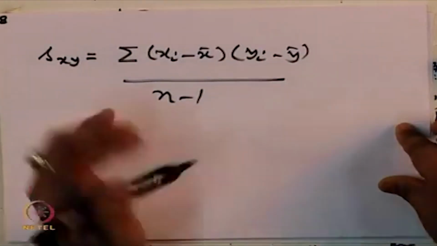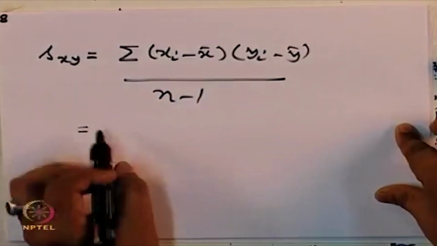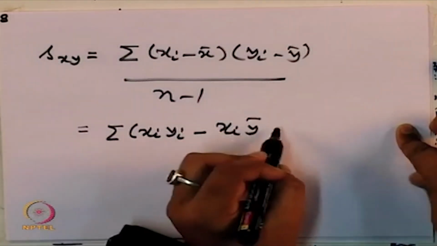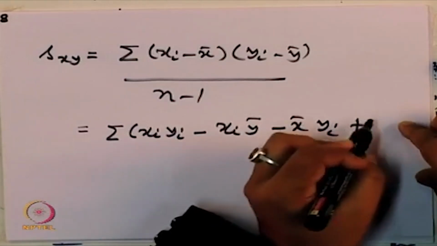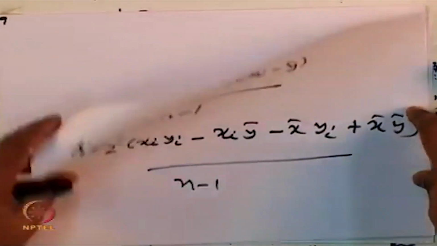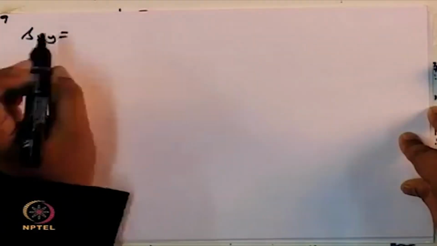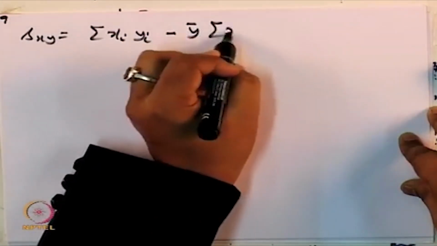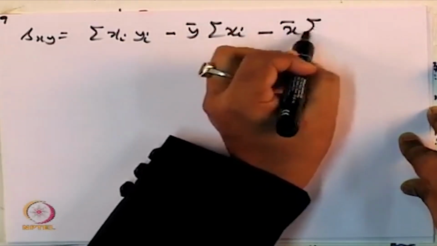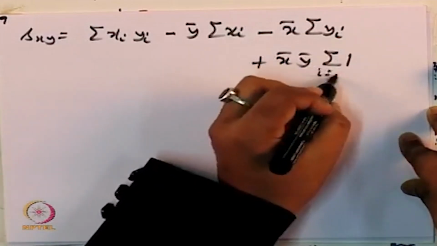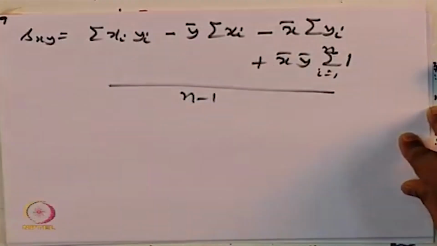Okay. So, I can expand this further. I can expand this to the summation of (xi yi minus xi y bar minus x bar yi plus x bar y bar) by n minus 1. Okay. So my Sxy is equal to the summation xi yi, minus y bar, which I can take out, times the summation xi, minus x bar, which I can take out, times the summation yi, plus x bar y bar times the summation of 1 for i equal to 1 to n, by n minus 1.